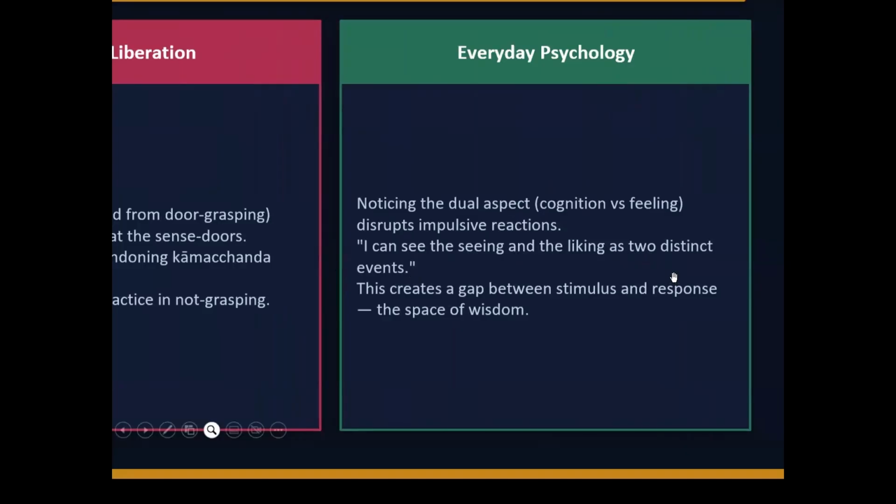Okay, that's why when you shop online, very high risk, this one, cognition and feeling. So if you can see, but you have no feeling arise, then it's okay. But if you are seeing and you are liking, then definitely you'll buy. So this creates a gap between stimulus and response, the space of wisdom. Okay.